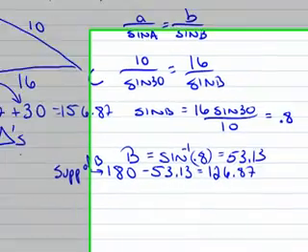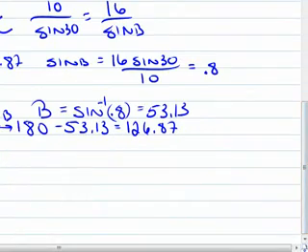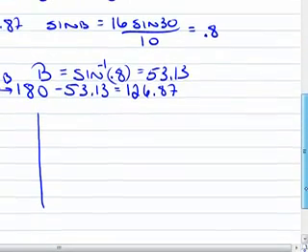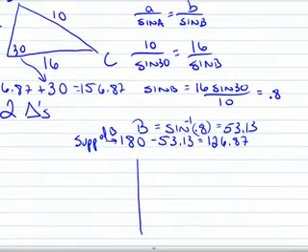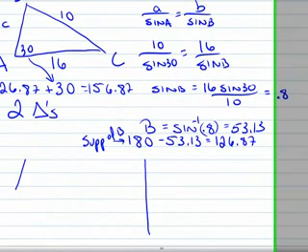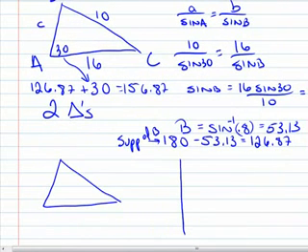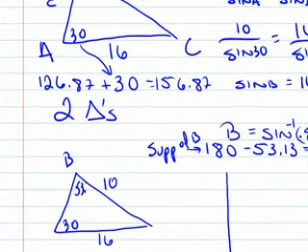Okay, so what I want to do is I want to split this up into two different problems. On one hand, I have this 30, 10, this is all the given information, plus I found angle B to be 53.13.